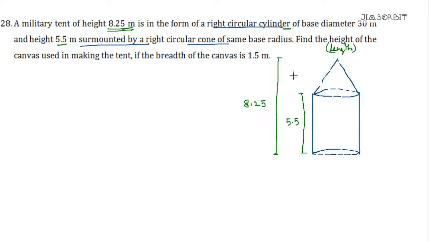Now obviously this will be how much? This one will be 3 point. Okay, we subtracted. Let us do that. It is not 3 point. 8.25 minus 5.5. So 5, 12 minus 5 is 7 and this will be 7 minus 5, 2. So 2 point.